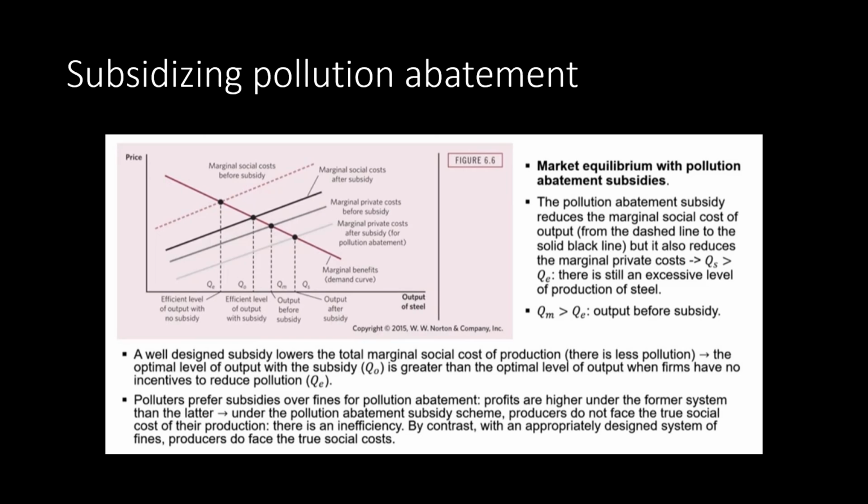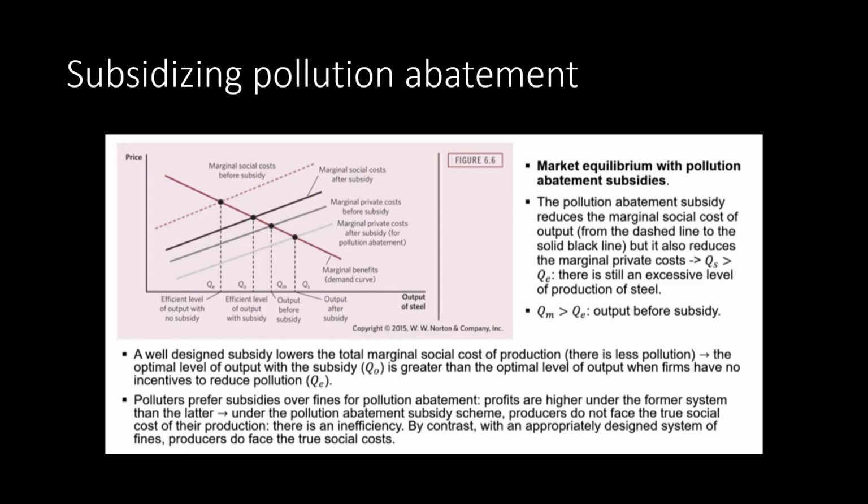So a well-designed subsidy lowers the total marginal social cost of production. So we see there is less pollution. The optimal level of output with a subsidy, Q0, is greater than the optimal level of output, since farms have no incentive to reduce pollution at point QE.